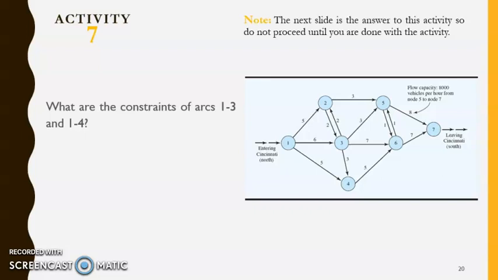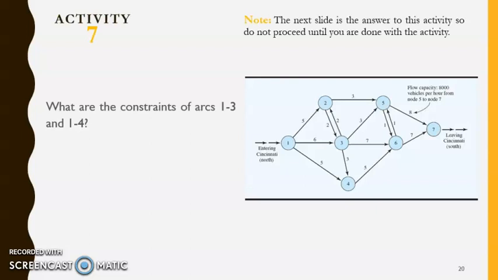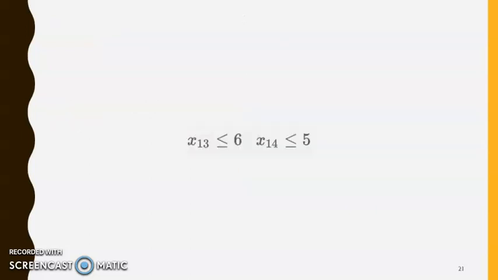So the amount of traffic load that you put on each arc must be equal or smaller than the capacity. Let's check the answer. x13 is equal or smaller than 6, as you can see, and x14 equal or smaller than 5.